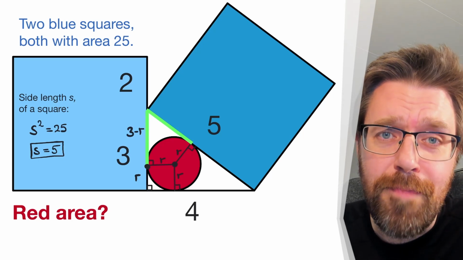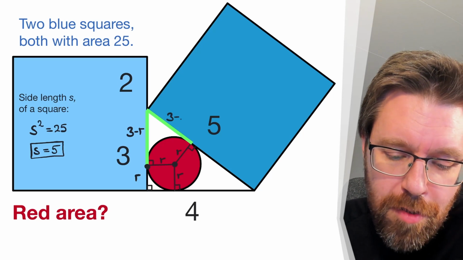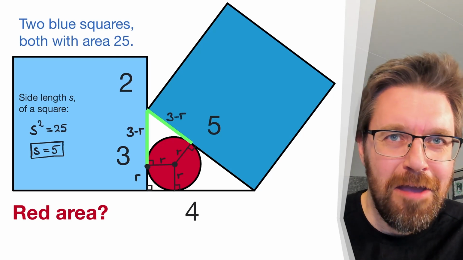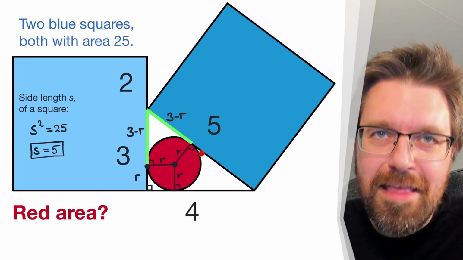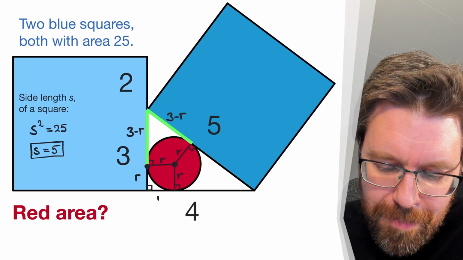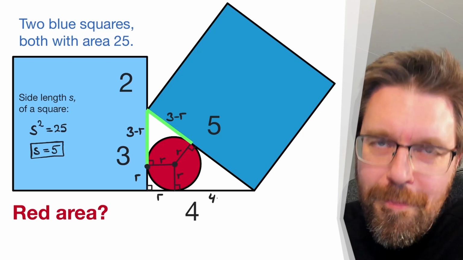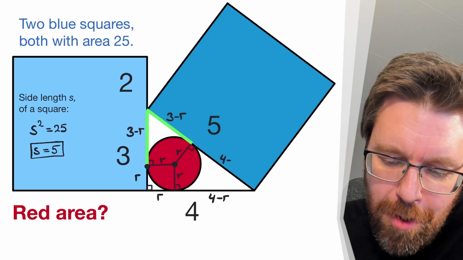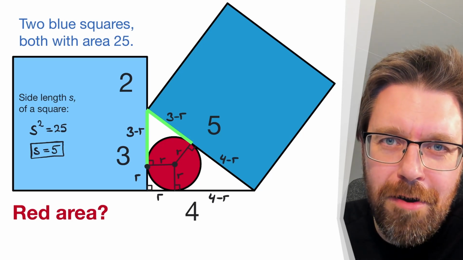And then the other green piece must be 3 minus r too. Okay, and if we do it on this side over here, then we can put little r here. And then we have 4 minus r on this one. And then this bit will also be 4 minus r.